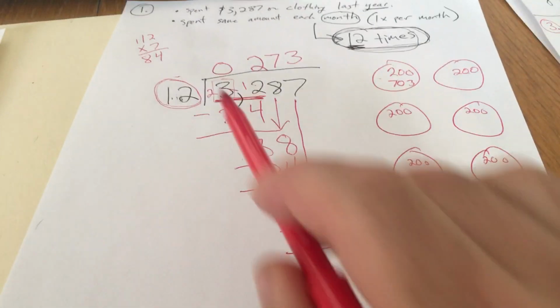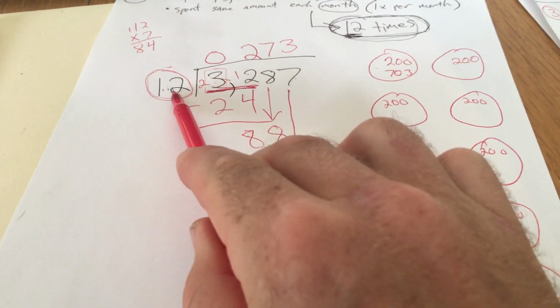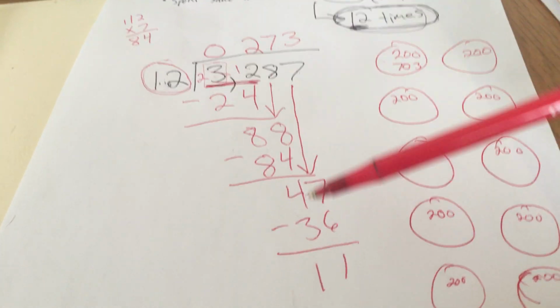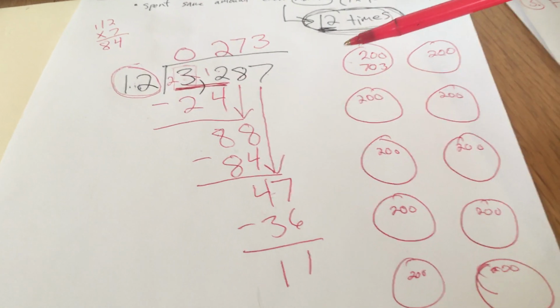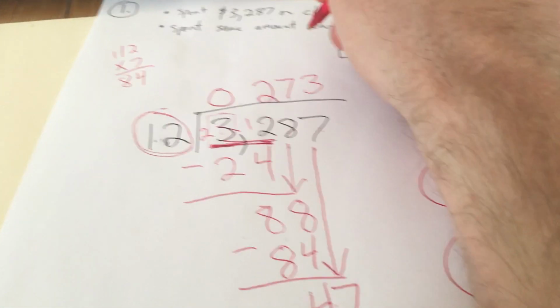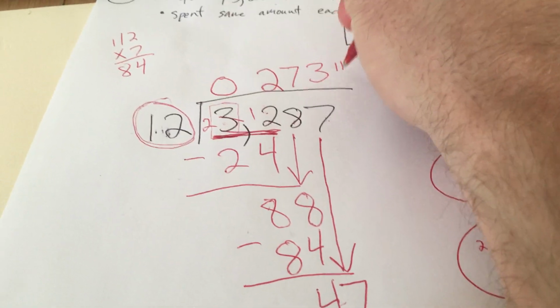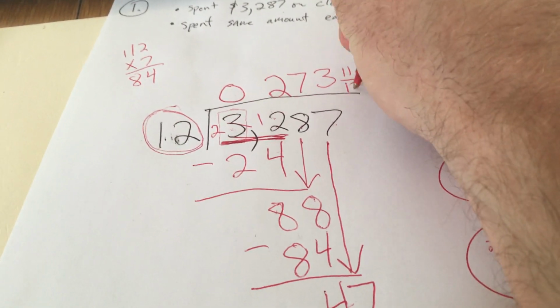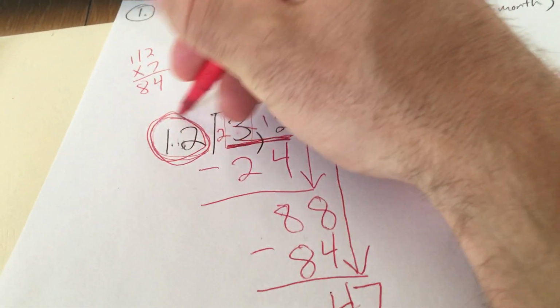Our remainder should never be equal to or greater than our divisor, because if it was 12, we could have put one more into each group, right? But since it's only 11, that means we couldn't put them all into each group, because then this last group wouldn't have one. So the remainder becomes our numerator, and the divisor, the number we divided by, becomes our denominator.